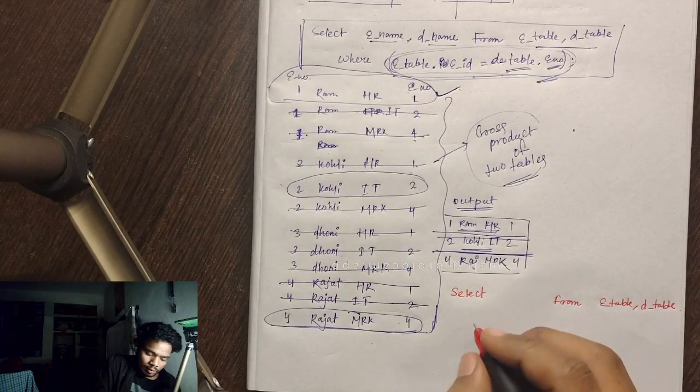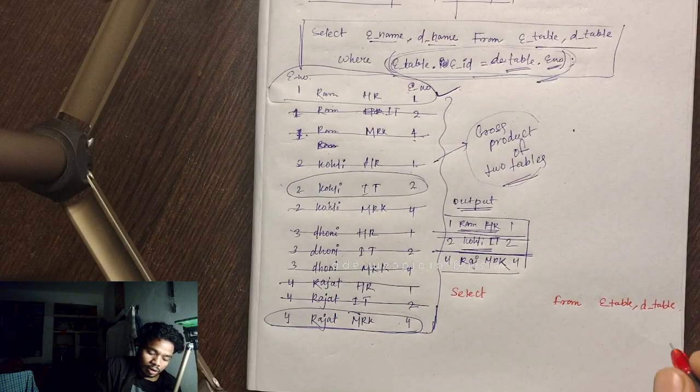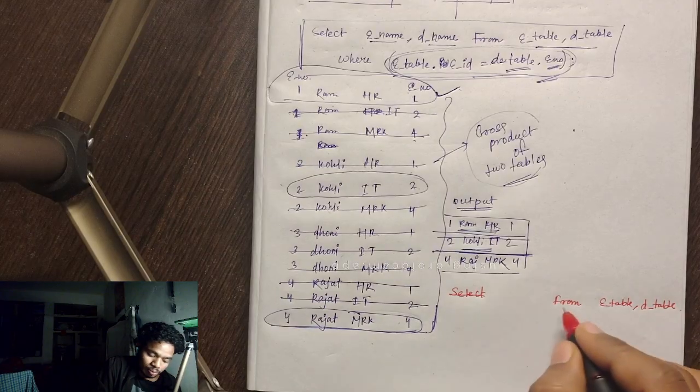Now it will be a cross join. We should not write this.